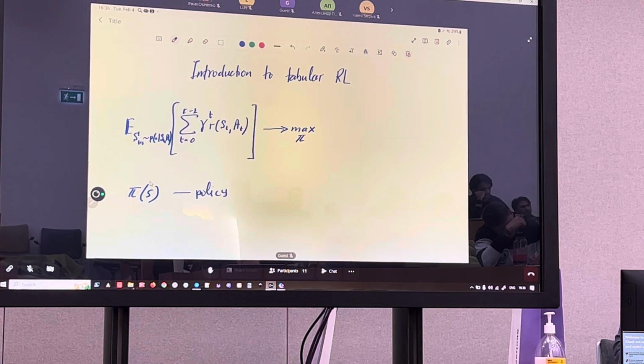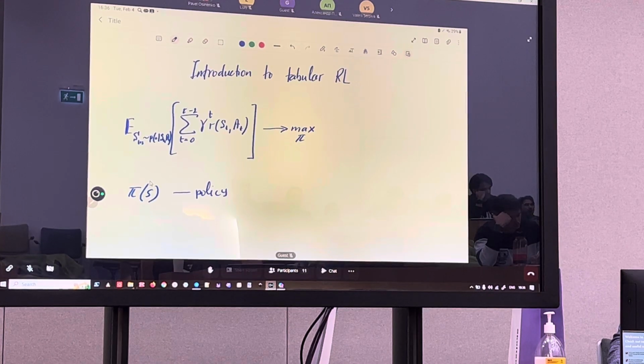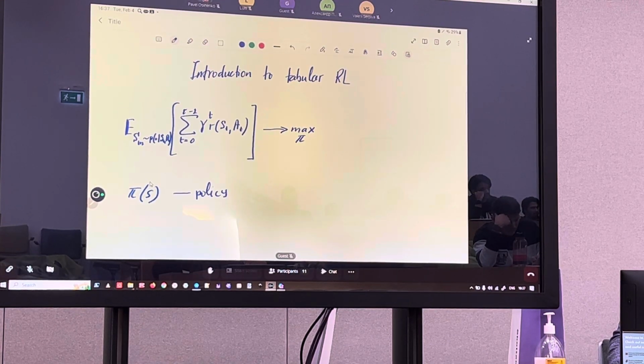The environment is written there in the specification of the expectation value, and there is no observation, just pure state.